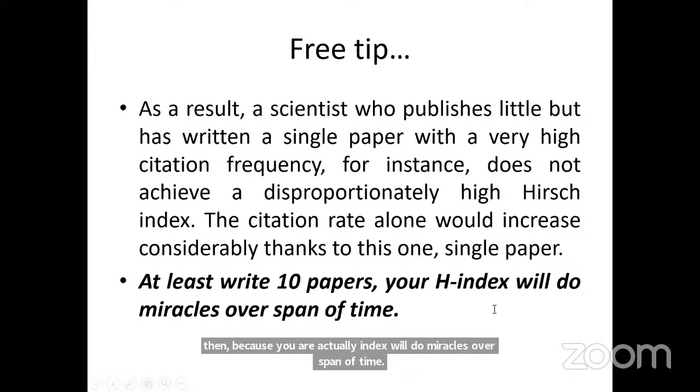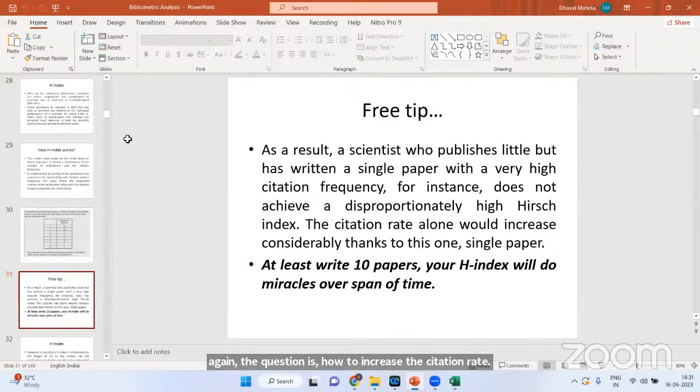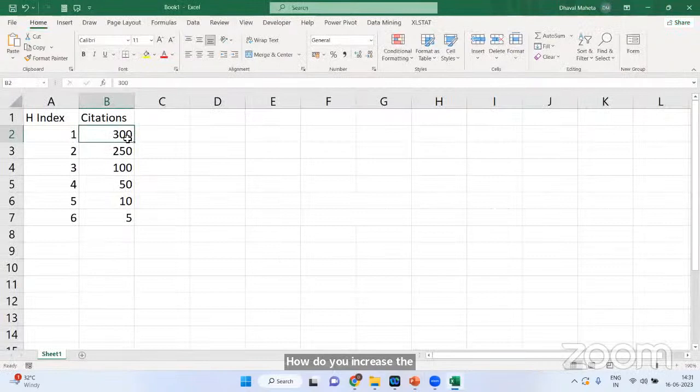But again, the question is how to increase the citation rate. It is not like social digital marketing where I can increase the citations. So what do you have to do? If there is a professor who has good citations or whose visibility is there in science, request him or her to write a paper with you, so that you will be able to leverage his or her network.